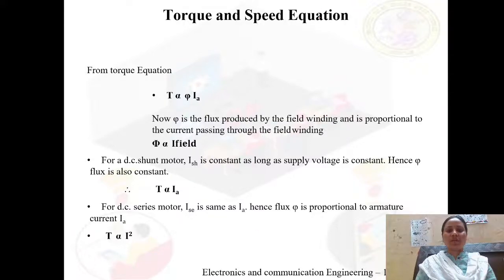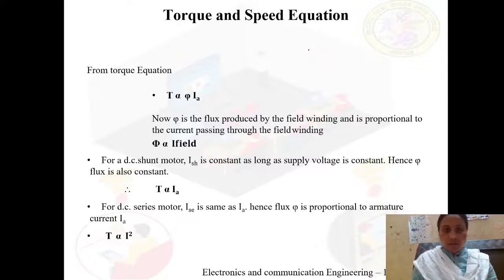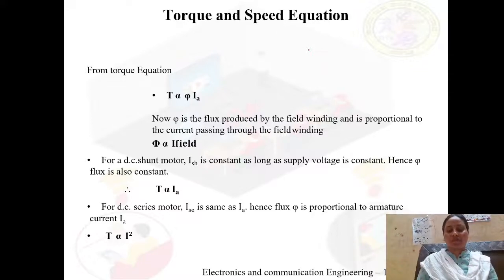Now let us see the relationship between the torque and the speed equations, which is very essential for us to analyze the characteristics and behavior of the DC motor.